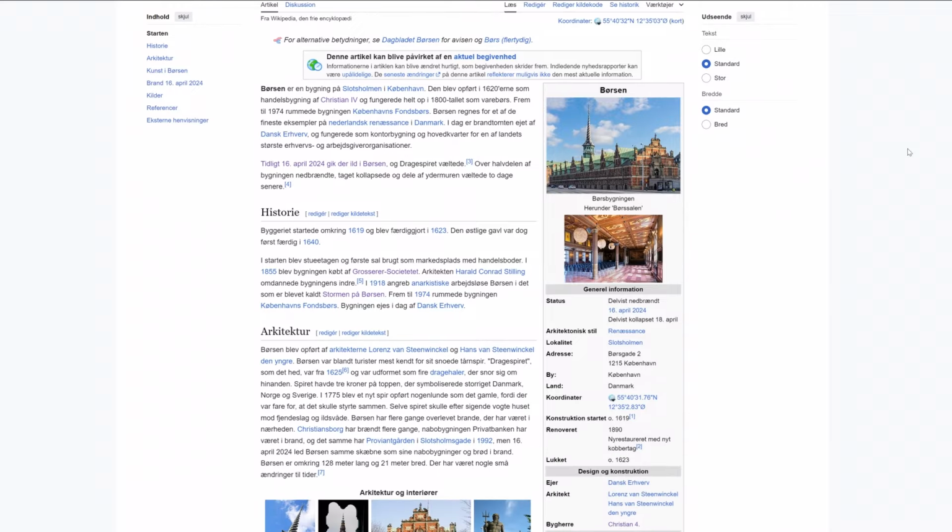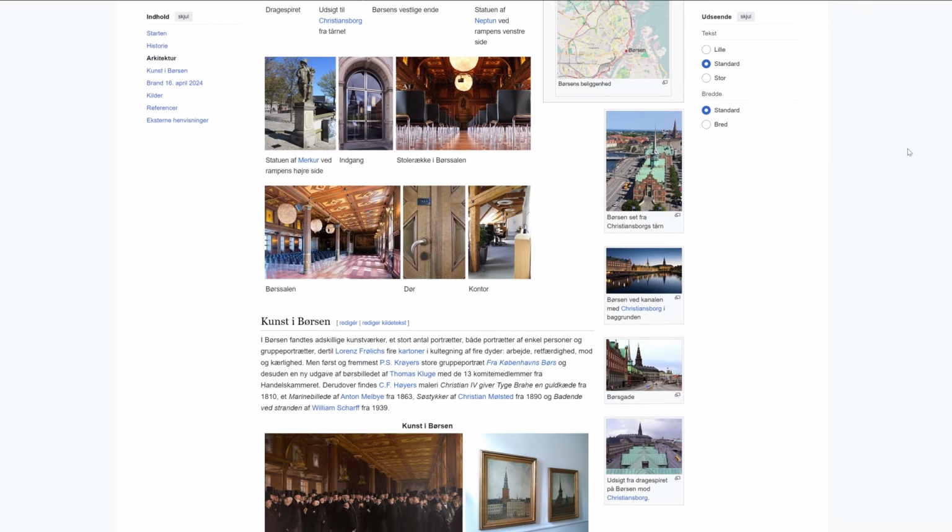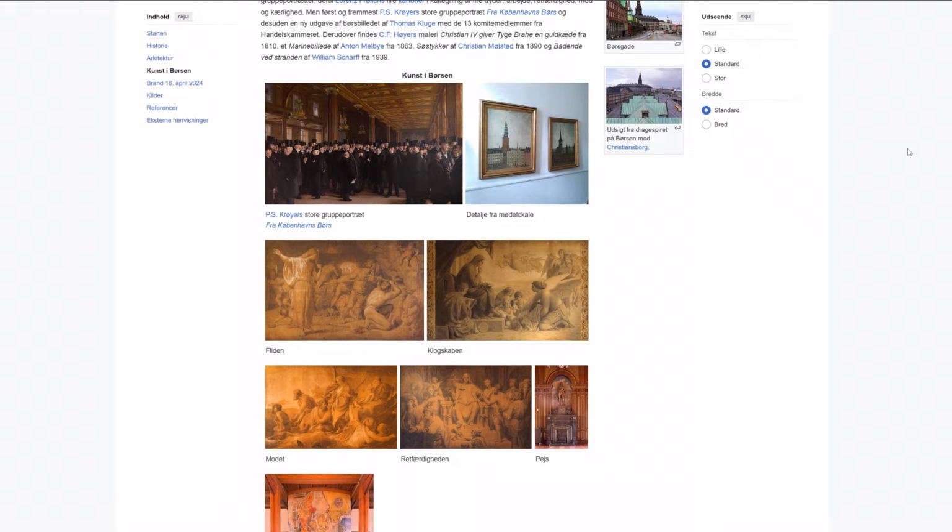So let us now ask some questions about Børsen. I'm not going to use ChatGPT to get all my information just like Milo did, although it's a wonderful idea. What I am going to do is to very lazily look up things on Wikipedia, and we're going to use the things we find interesting and not necessarily all of the things.